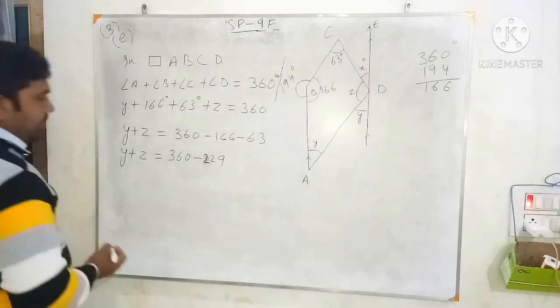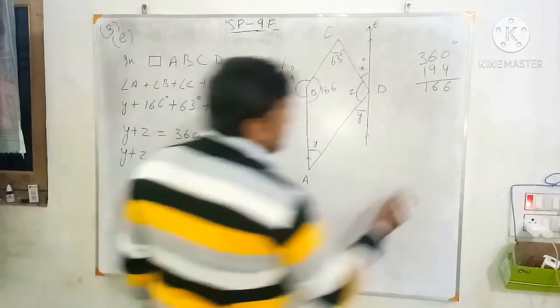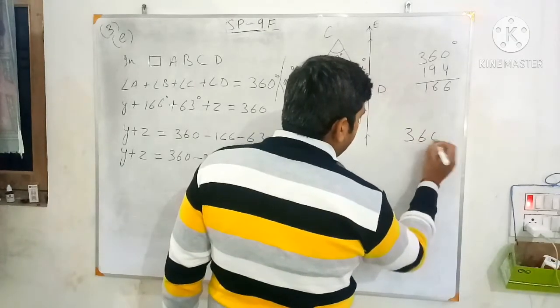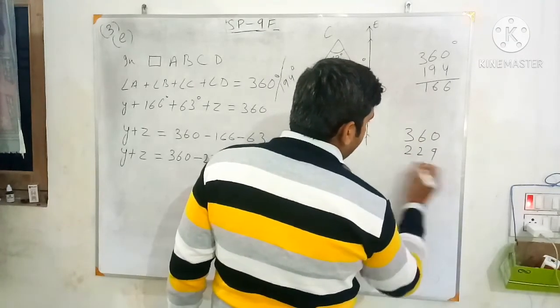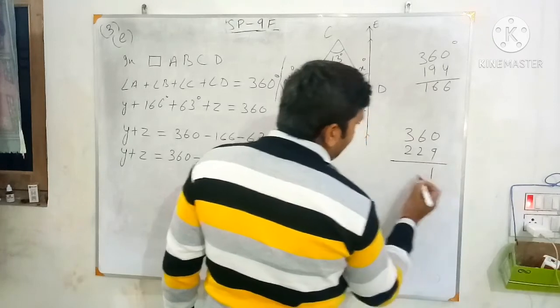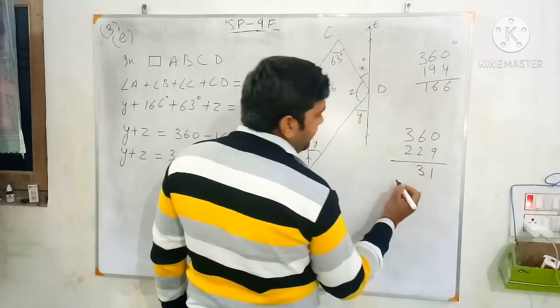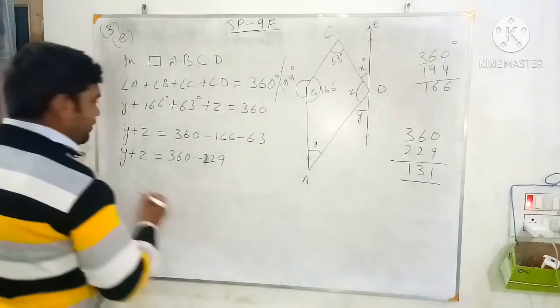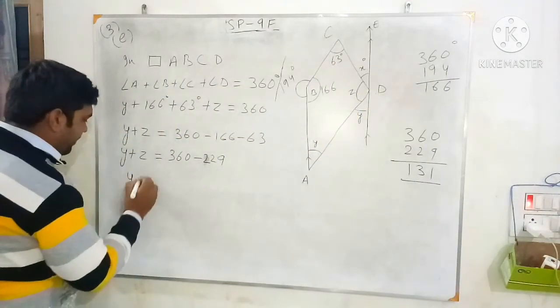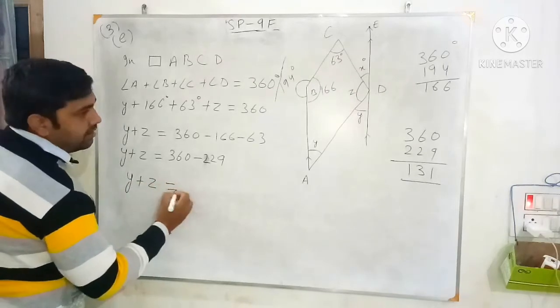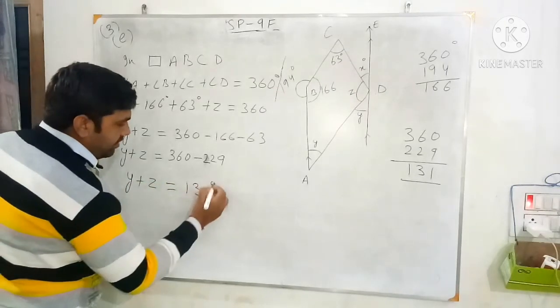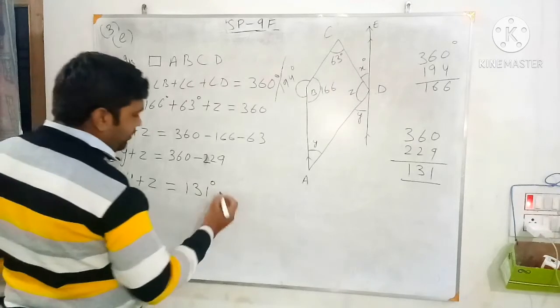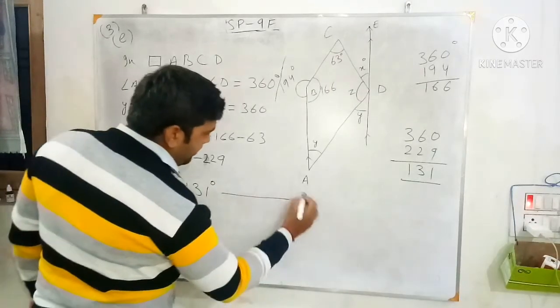So when you subtract 229 from 360, what you get? 10 minus 9 gives you 1. 5 minus 2 gives you 3. 3 minus 2 gives you 1. That is the 131 degree. So y plus z is equals to 131 degree. Let it be equation 1.